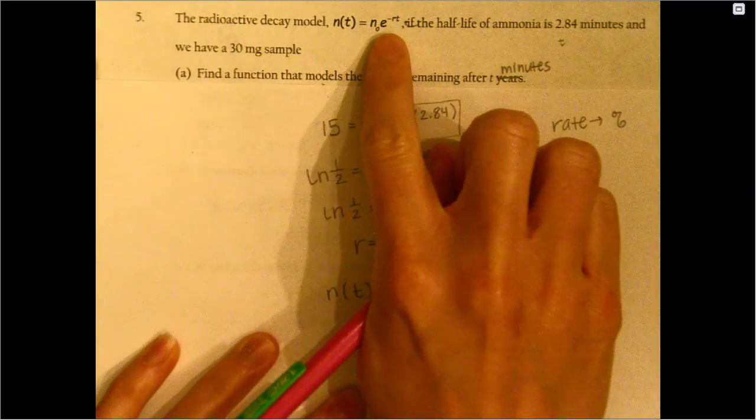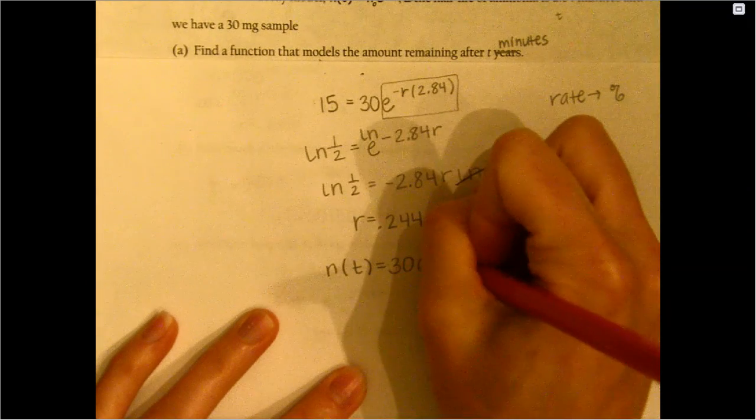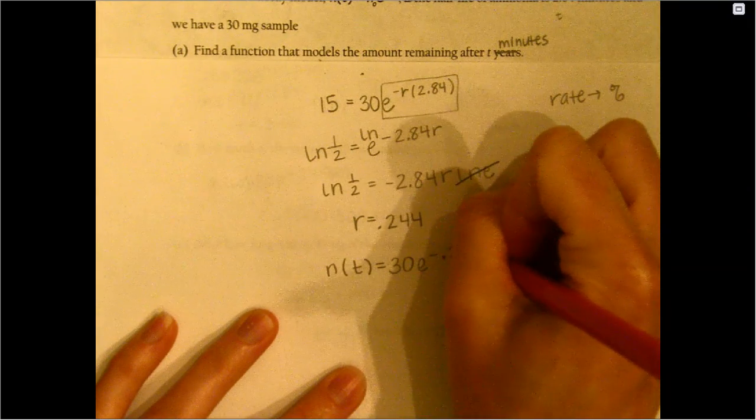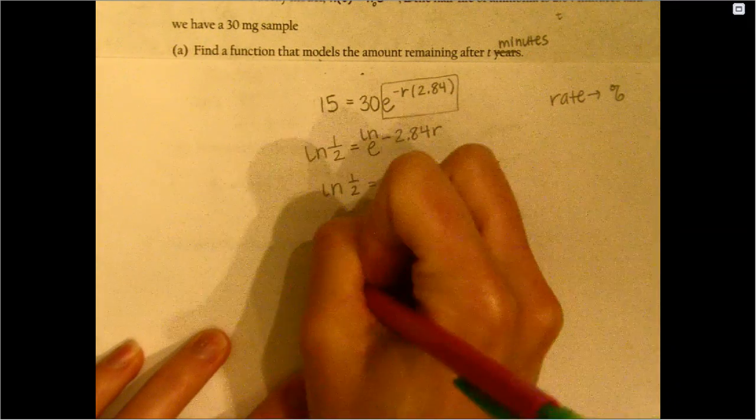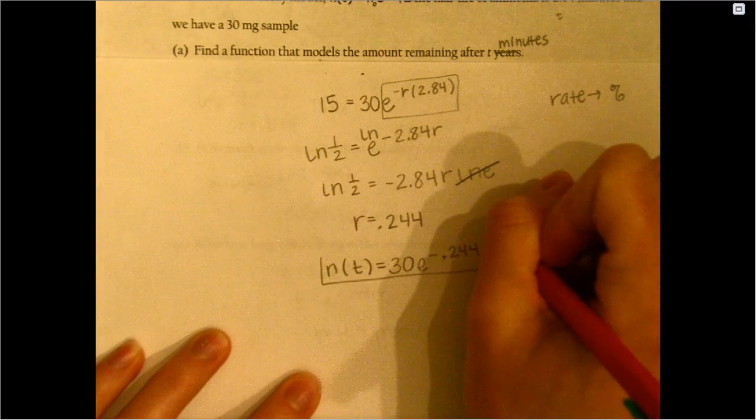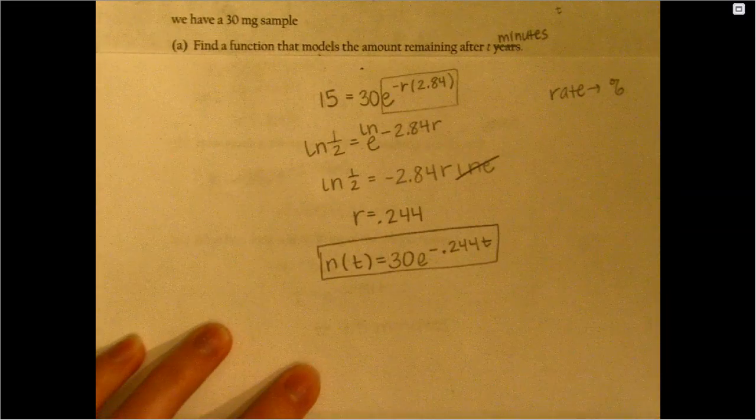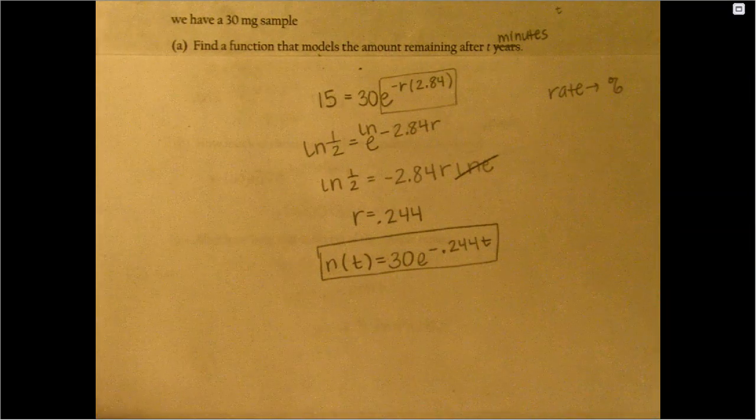So it's negative r, so it would be negative 0.244 times t. And this is now the general equation that I can use to find the amount of my sample after any amount of time.